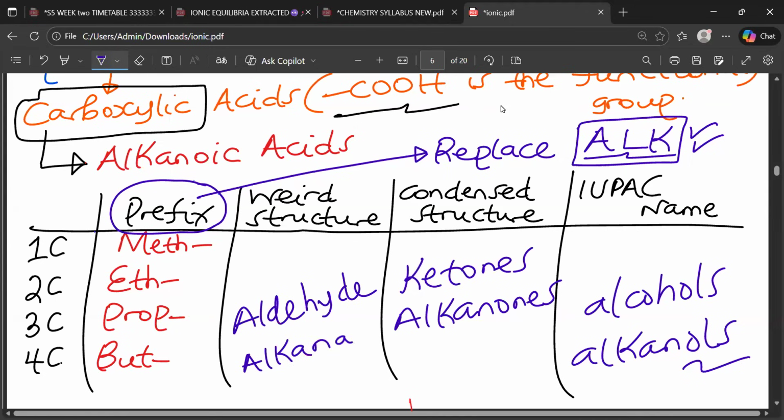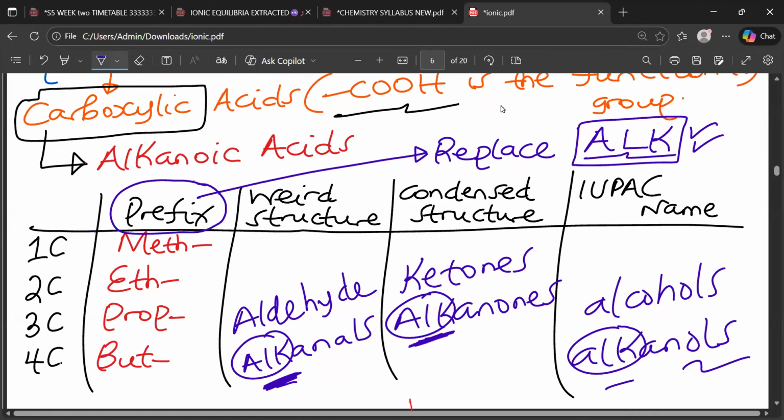Why do we prefer these names? We always want to have this alk, and understand that the prefixes, we always replace the alk. That's why we always have things like methanol, ethanol, propanol, butanol.